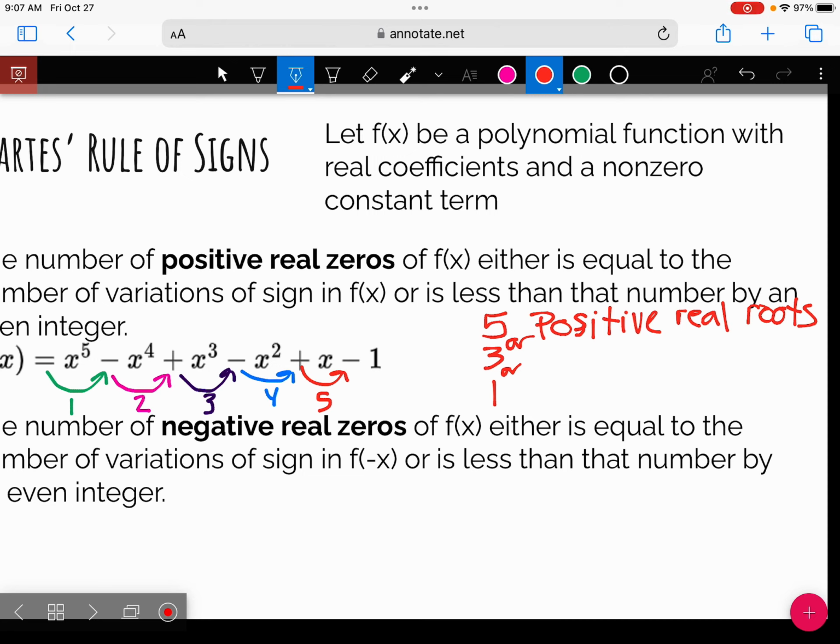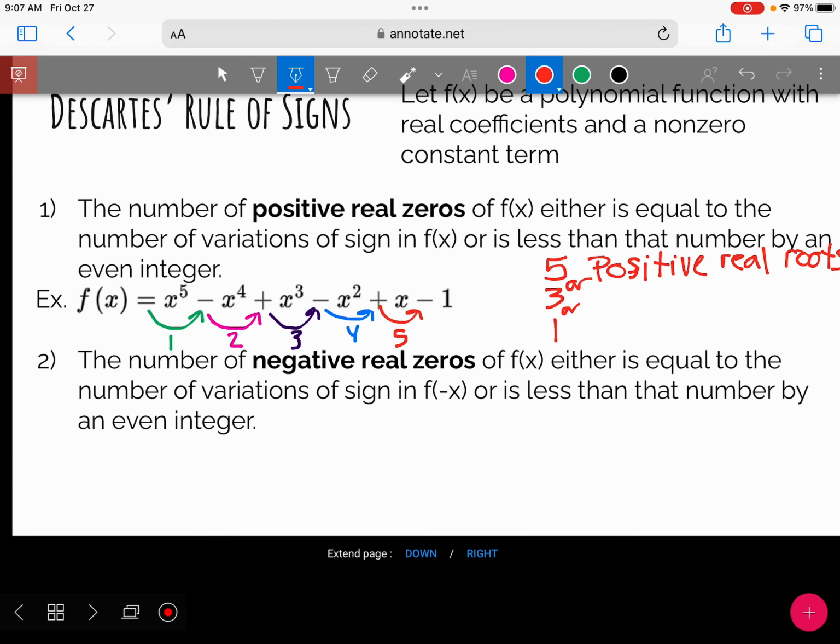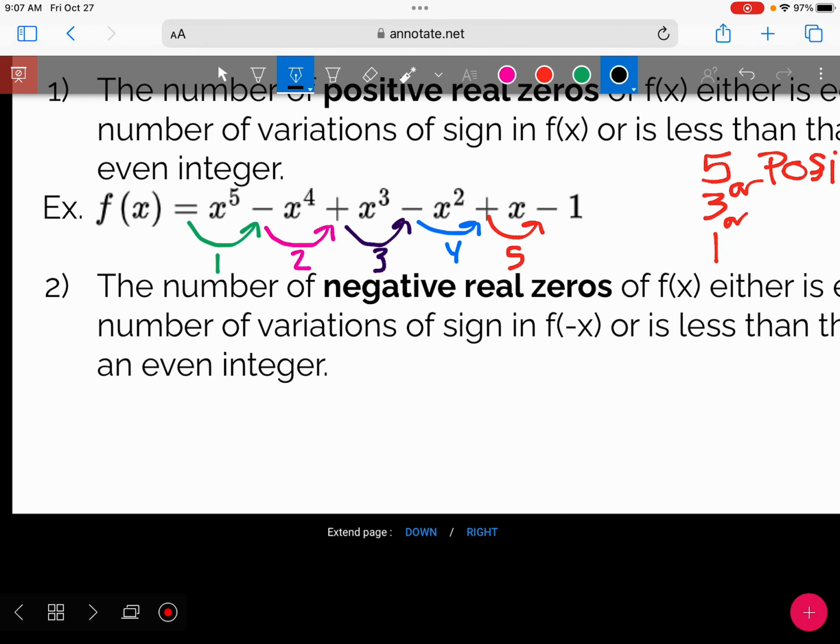So it's a very similar thing for the negative real roots, negative real zeros, except we have to put the opposite of x in for f of x, just like when we would do for testing for symmetry or any of that stuff. We've done that repeatedly. So we're going to use our same f of x, and we're going to substitute in the opposite of x.